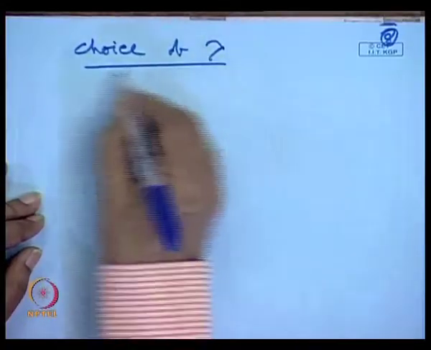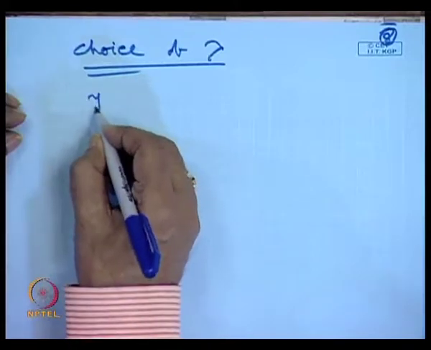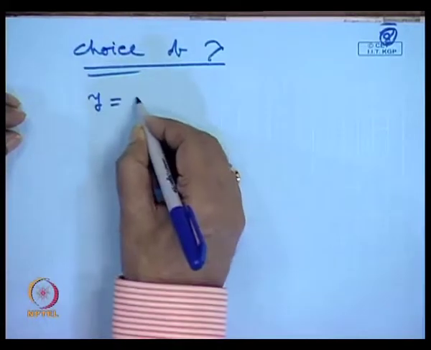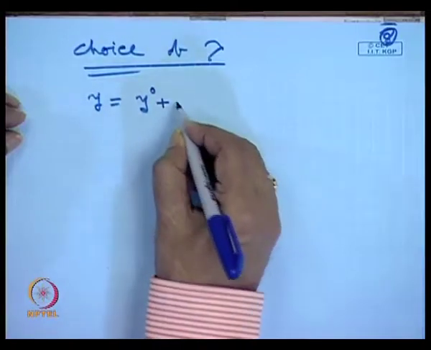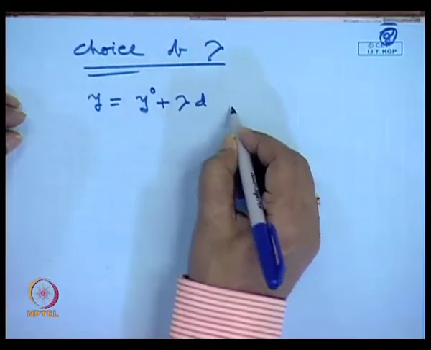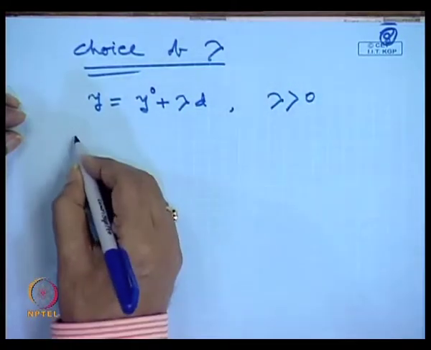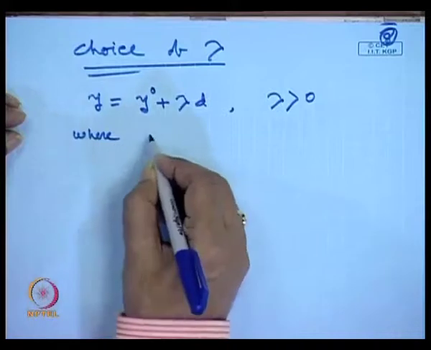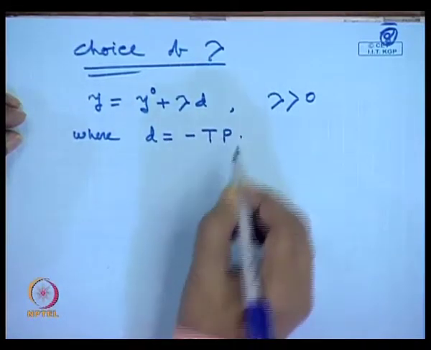So, lambda will decide the length. Now, look at this expression: the new point y is obtained from the initial point plus lambda into d, where lambda is greater than or equal to 0, and our choice of d is equal to minus T into p.